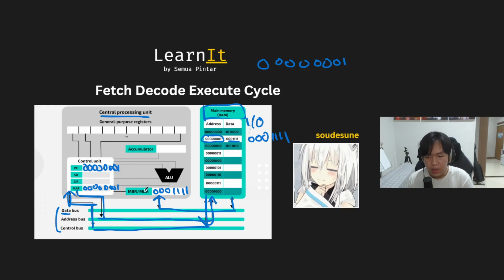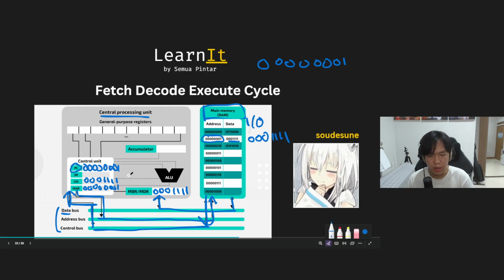And then after that, the CIR copies the data from the MDR. So the CIR puts in 0001111. And then after that, the program counter increments its value by 1.